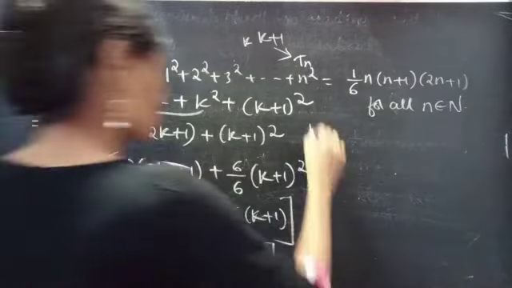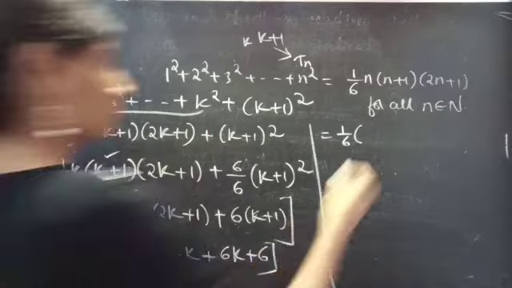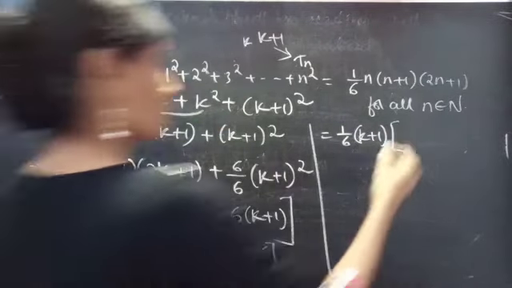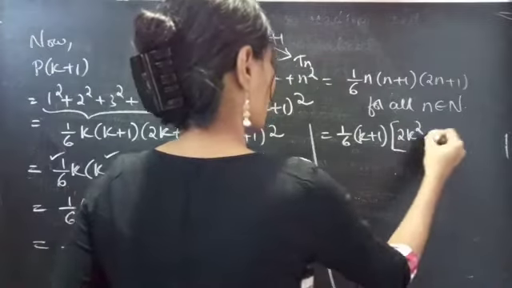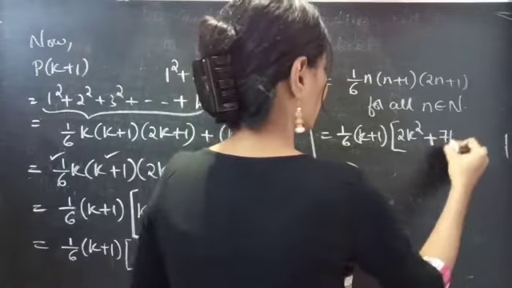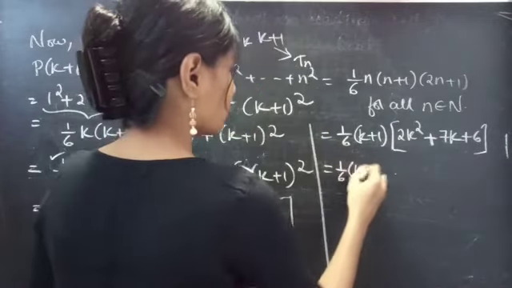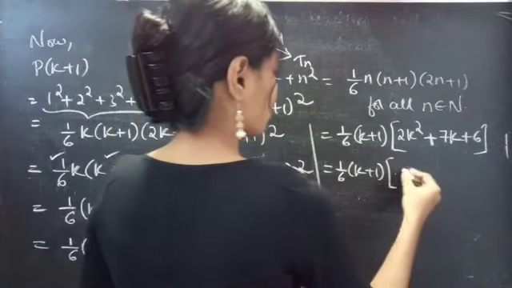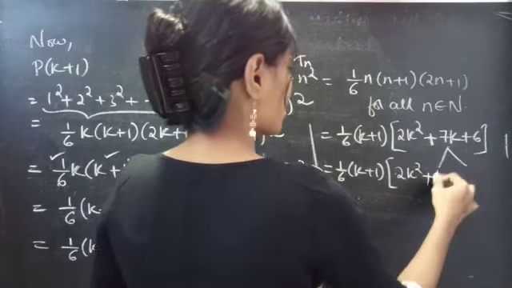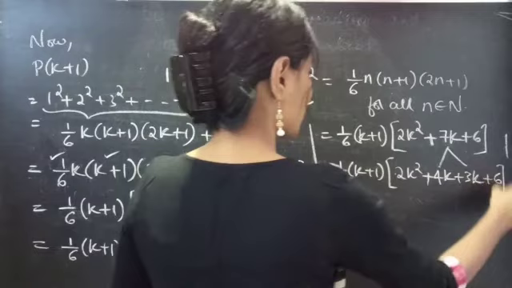So this equals 1 by 6 into k plus 1 into 2k square plus k plus 6k is 7k plus 6. This equals 1 by 6 into k plus 1 into 2k square plus, split this 7k as 4k plus 3k plus 6.